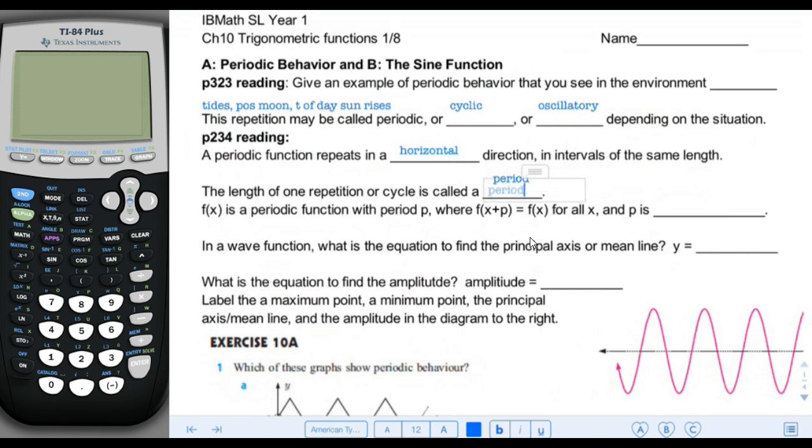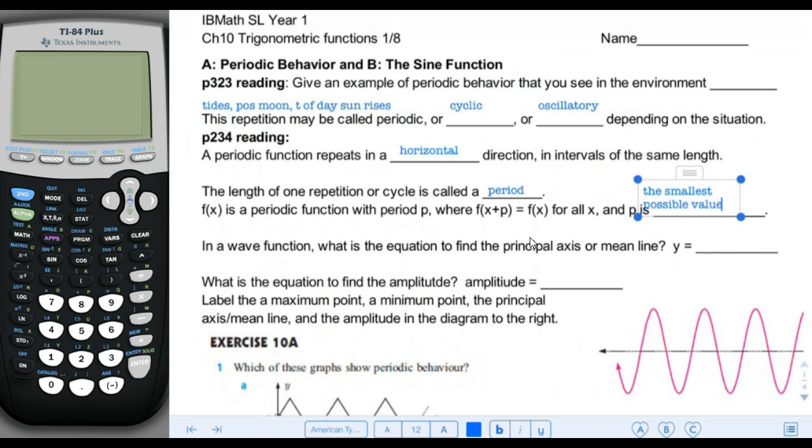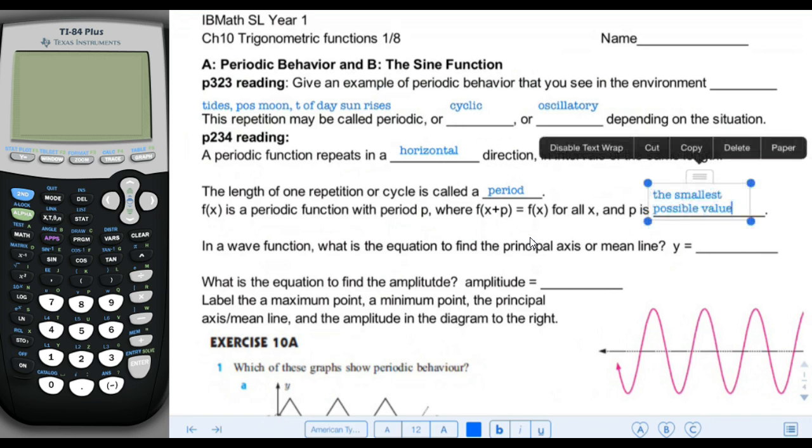Okay, so does that make sense? Basically, f(x + p) = f(x) says, hey, if I have a repeating pattern like this, then p is if I take this whole thing and I shift it back that much, then I'm going to get the exact same thing.